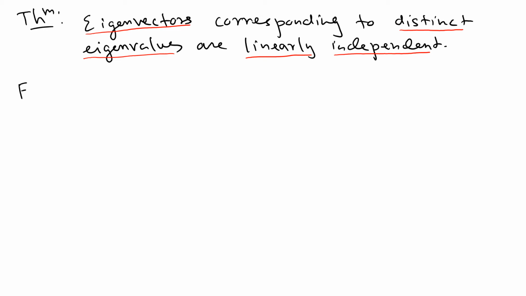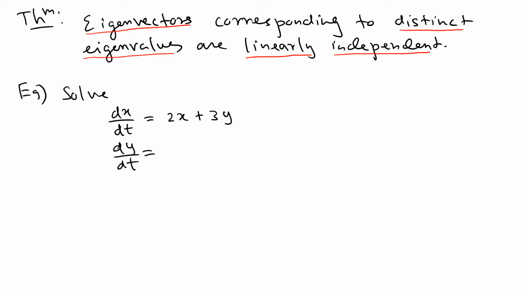So example 1, solve this system. dx over dt equals x plus 3y, dy over dt equals 2x plus y.